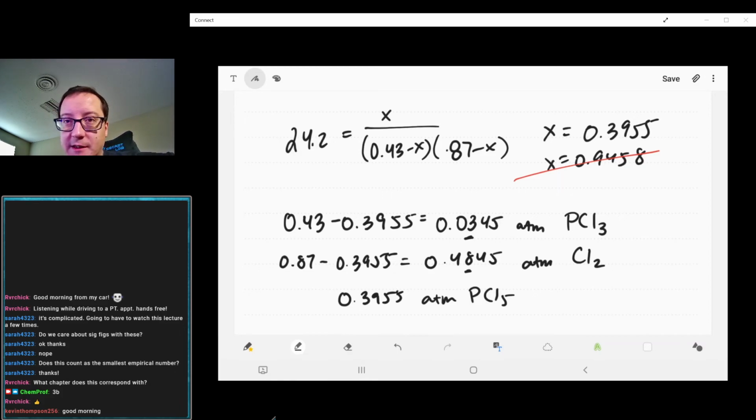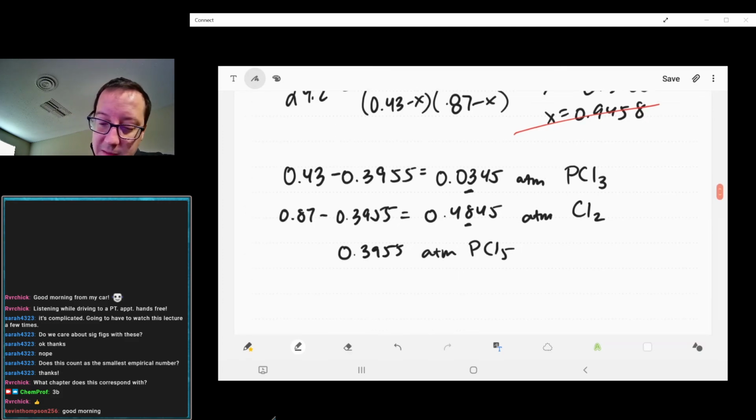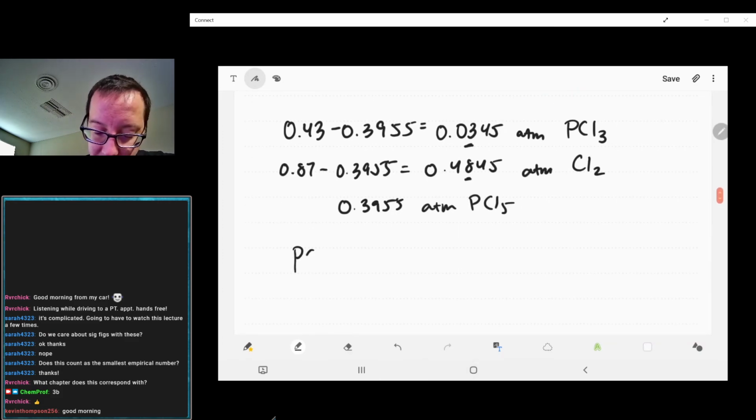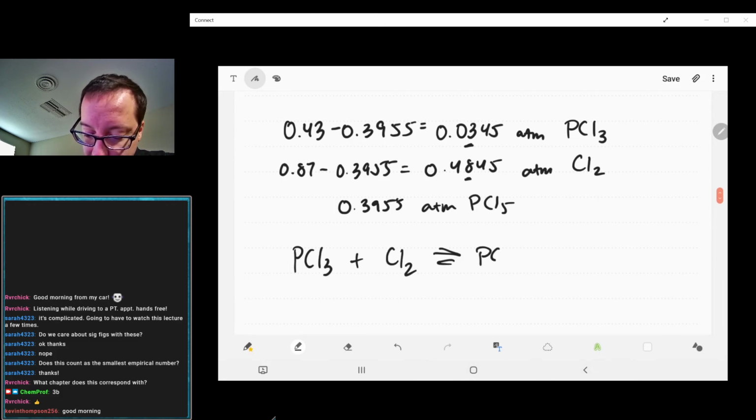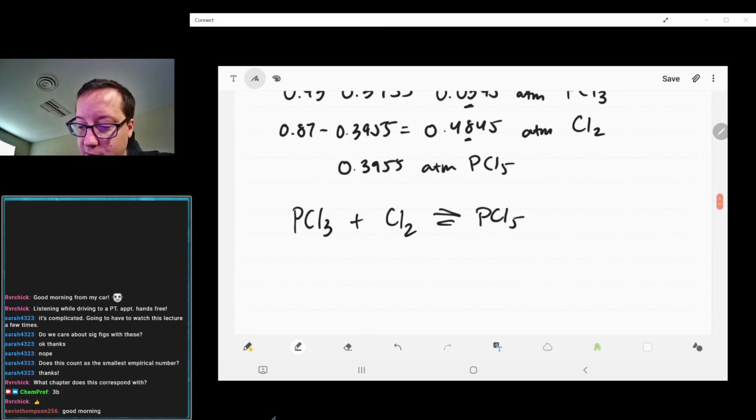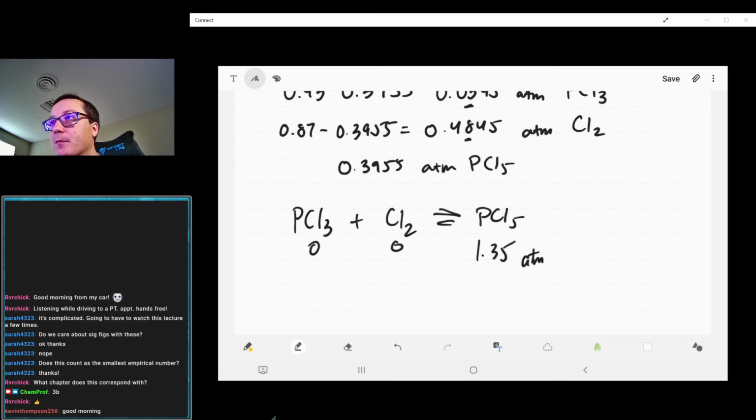If we really wanted, we could do the other way around. Let's say we had the same reaction. And this time we're going to just throw in 1.35 atmospheres of PCl5 and see what happens. This time starting with no reactants. If we wanted, we could flip the reaction around and then do the inverse of our Kp here.